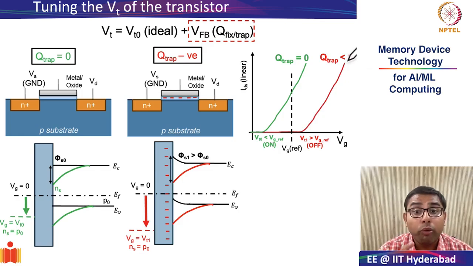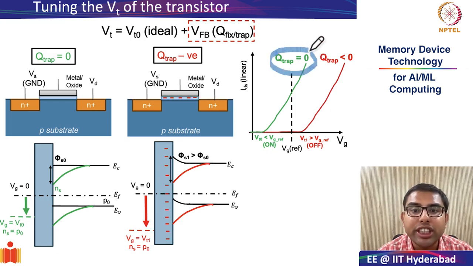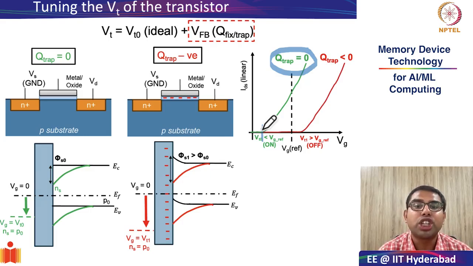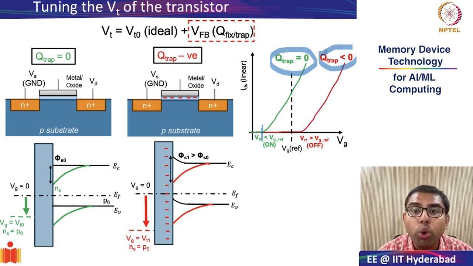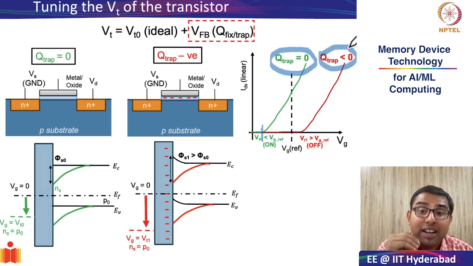And that is exactly what we will notice when we look at the transfer characteristics of the transistor. We will see that when Qtrap was 0, or ideal, the threshold voltage of the transistor was relatively much lower compared to the threshold voltage when there were negative trap charges.